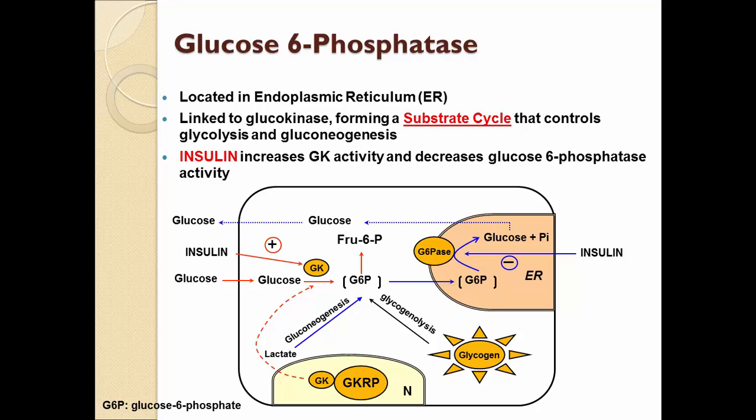This enzyme can be regulated by insulin as well, and together with glucokinase, forms so-called substrate cycles. For example, in the fed condition, or the same thing during fasting, when we try to activate the glycolysis pathway, we also want to slow down the opposite pathway, right?